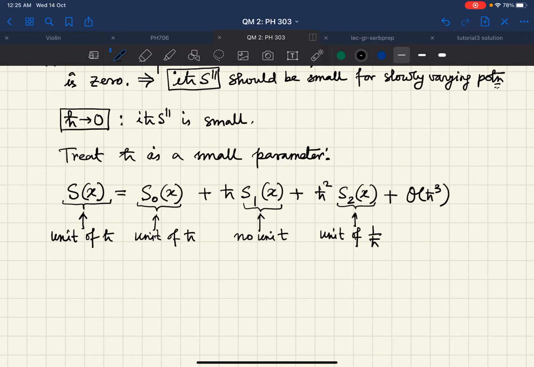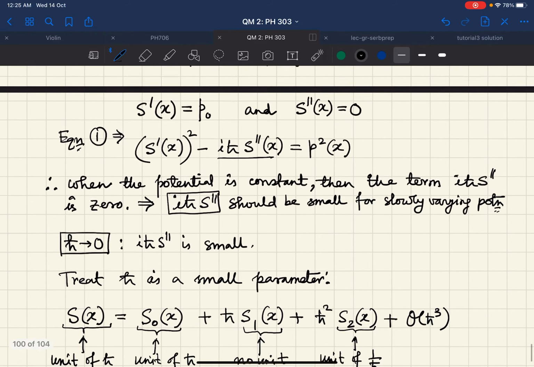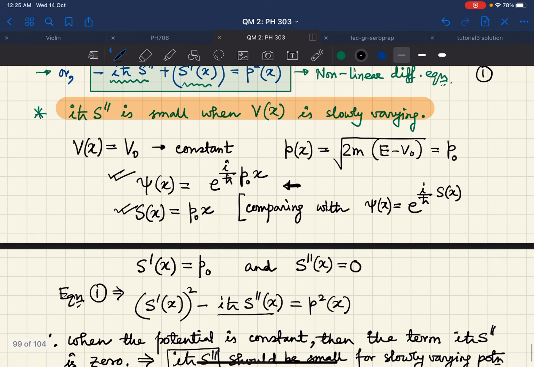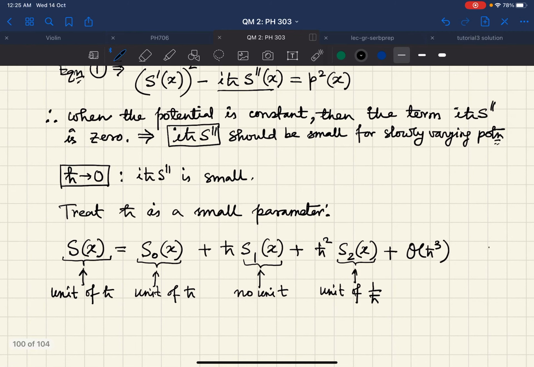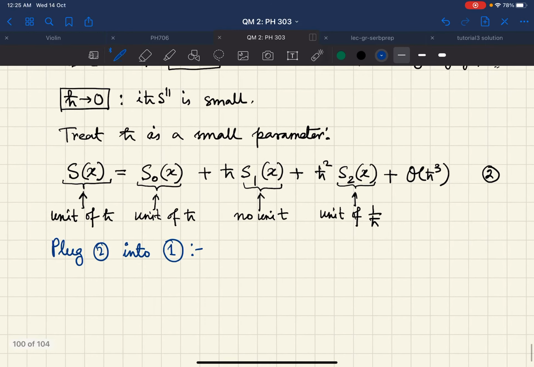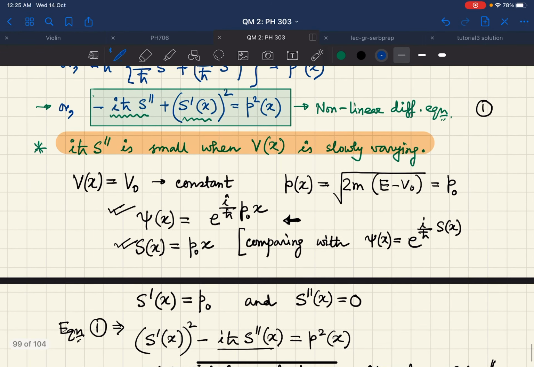Now let us actually plug this into the nonlinear equation which I had written here, equation number 1. So let us call this 2 and we plug 2 into 1. If we do that, then let us look at this expression.